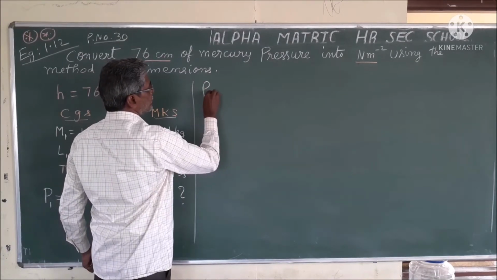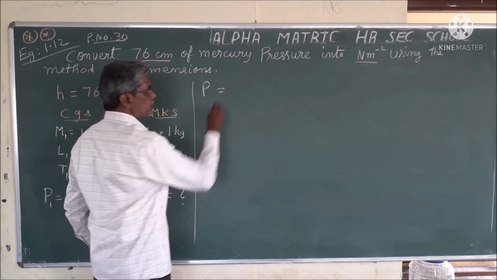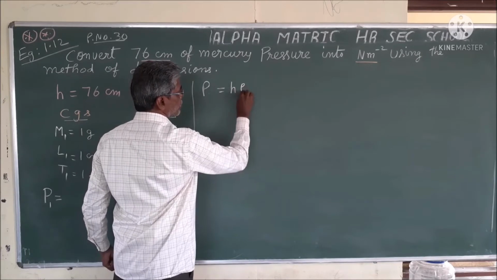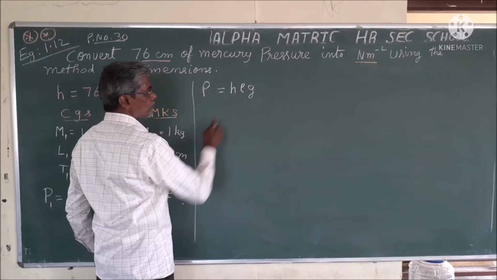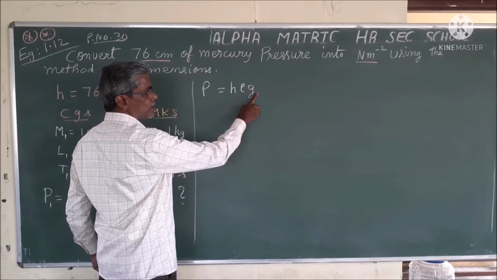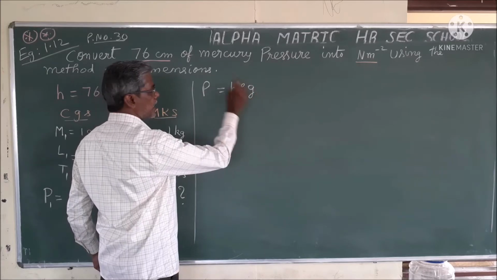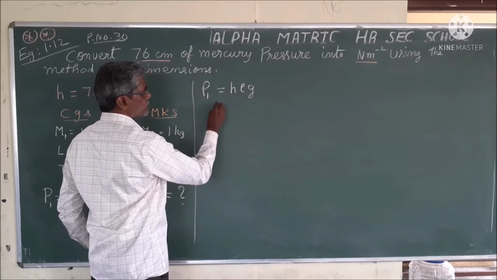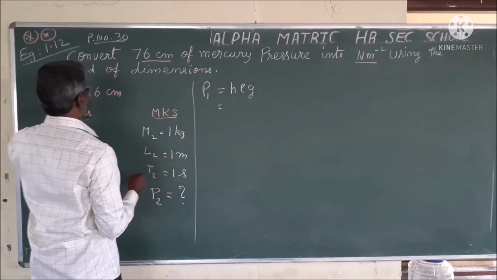We know that the formula for pressure is h rho g: height, density, and this one is acceleration due to gravity. So let it be P1. Height is given, 76.